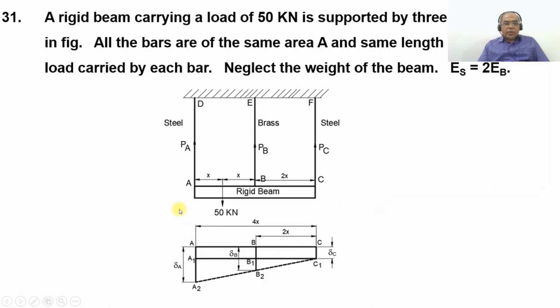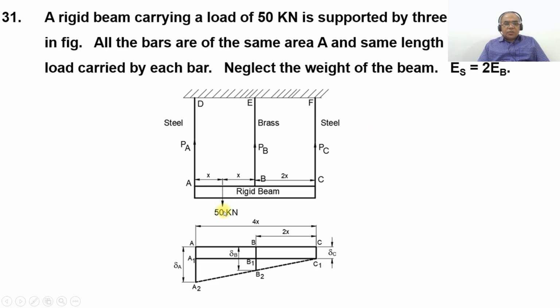As we know, we have AA1, where delta A is the deflection at A, delta B is the deflection at B, and delta C is the deflection at C. Here we have AA1, BB1 and CC1, and AA2, BB2 and CC2, and this is delta C. This is steel, and DA, EB and FC are the lengths of the steel, brass and steel wires.